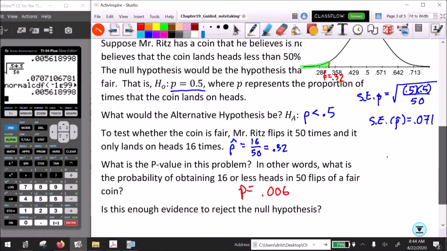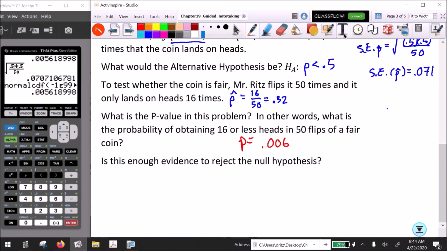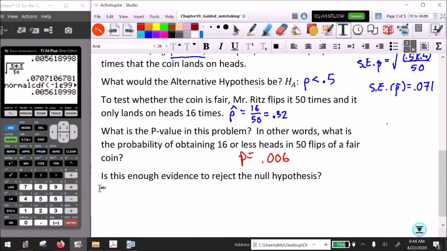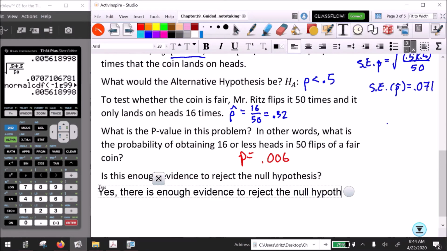Is there enough evidence to reject the null hypothesis? Well, is our p-value less than 5%? It is. So I would say yes. There is enough evidence to reject the null hypothesis.